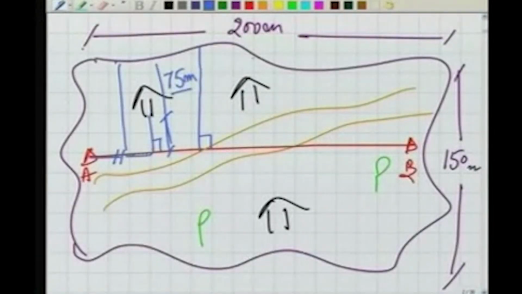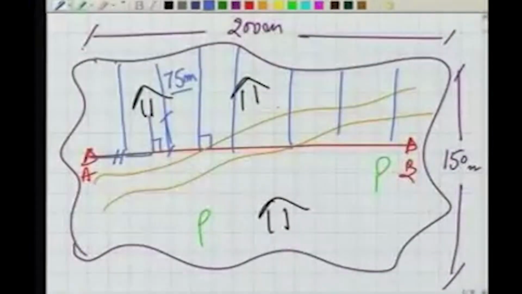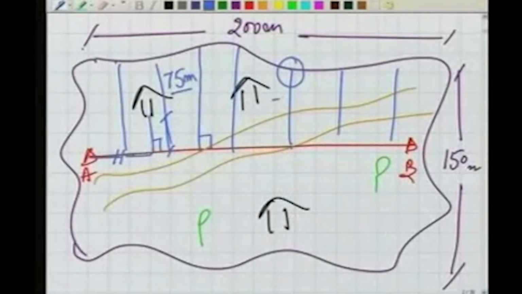Or otherwise also, measuring this entire boundary, taking so many offsets of the order of 75 meter, is not advisable. Now here in this case, maybe you can measure the distances, but there might be some cases where the distance you cannot measure also. You want to take the offset to this point, but there is a building here. We cannot take this offset. So we cannot really make the map like this.